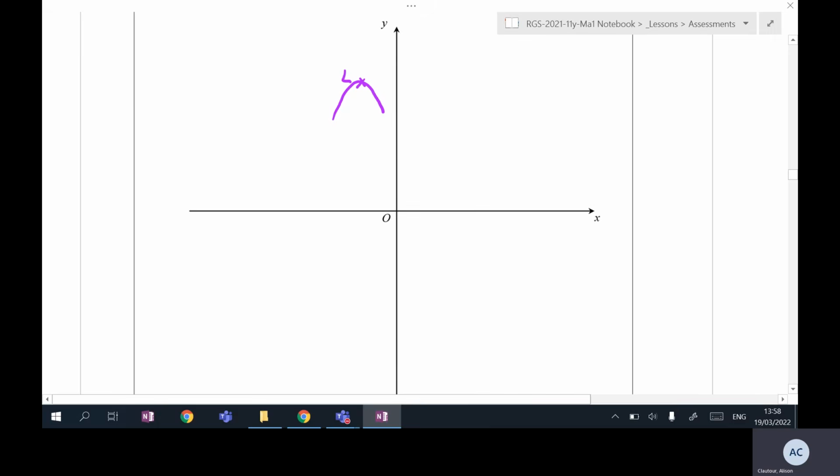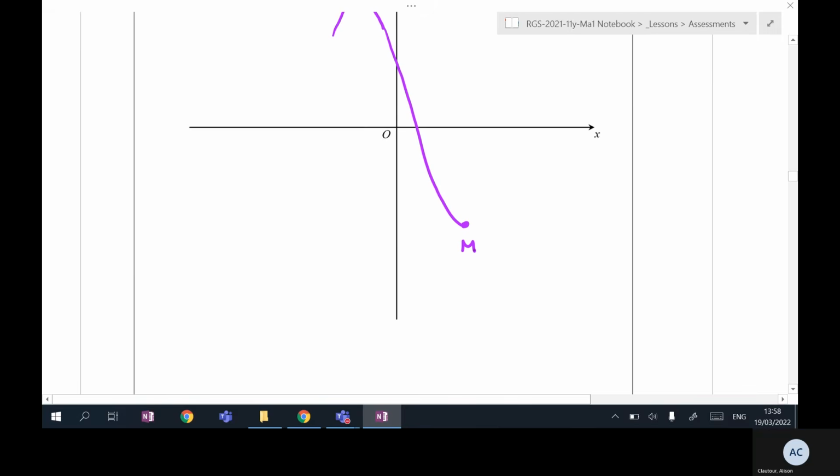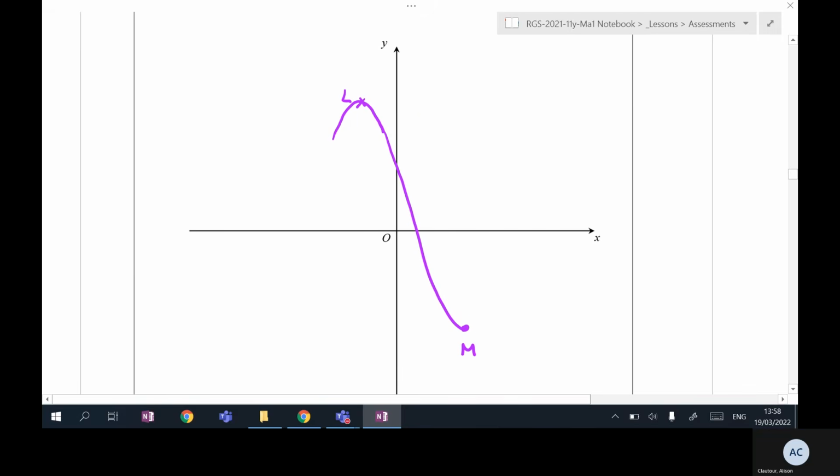So this curve, it's going to go all the way down here. So M is 2, minus 14. So minus 1 looks a little bit like a 7. There we go.